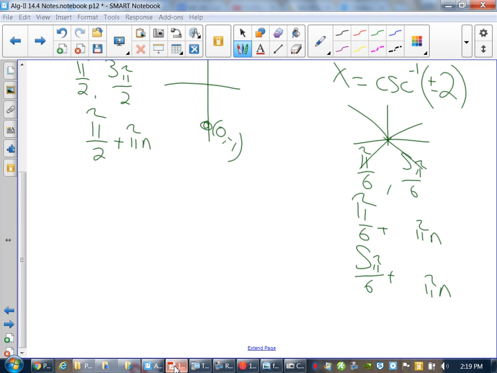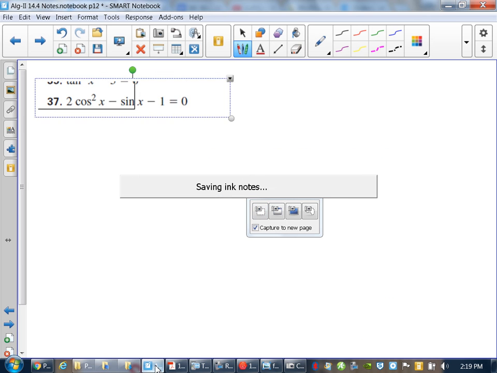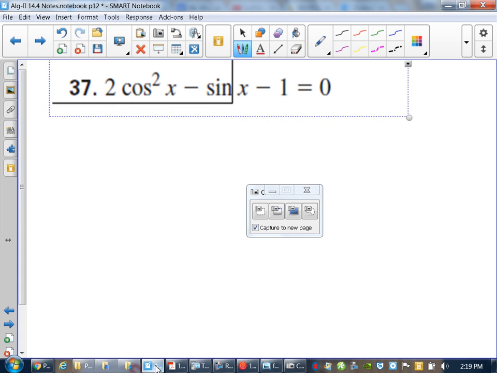Hopkins, save me, please. Number 37 mirrors the exact same thing we did in class yesterday. When you have a squared term and a non-squared term, you always try to rewrite the squared term in terms of the non-squared term.